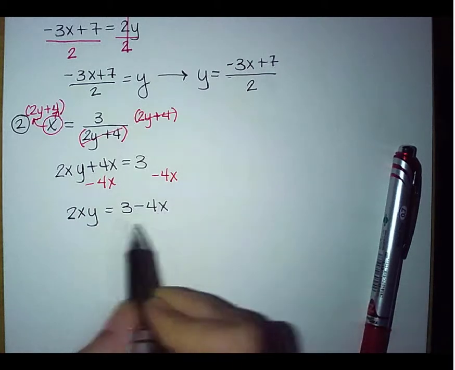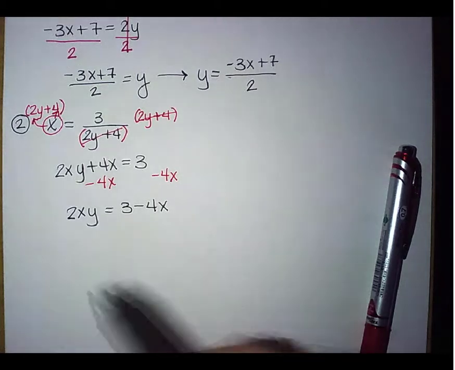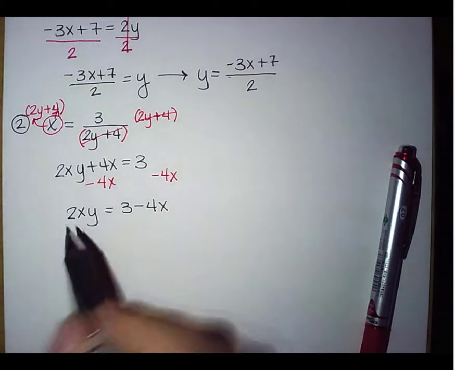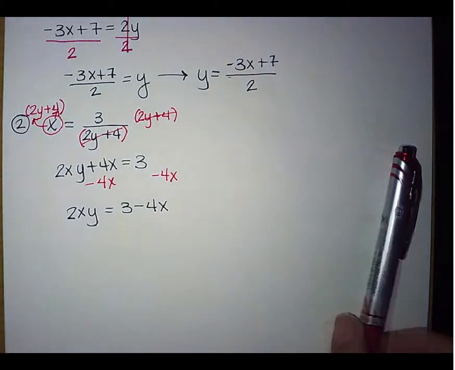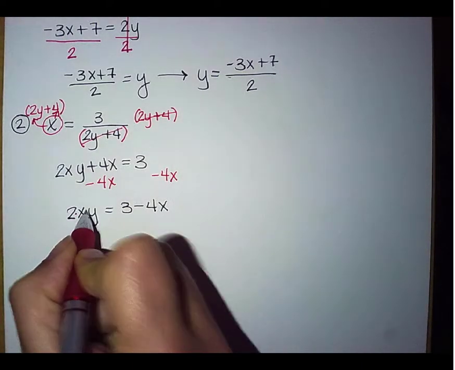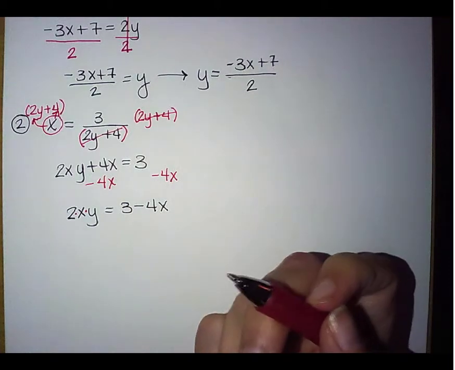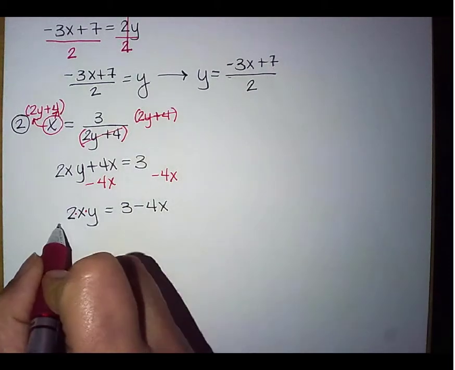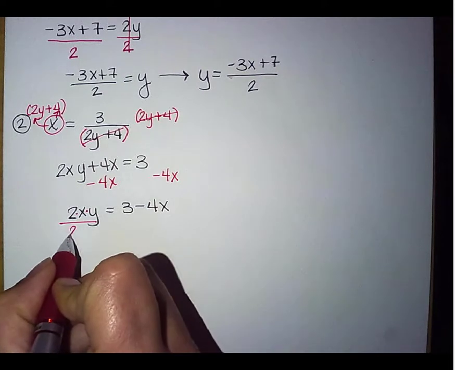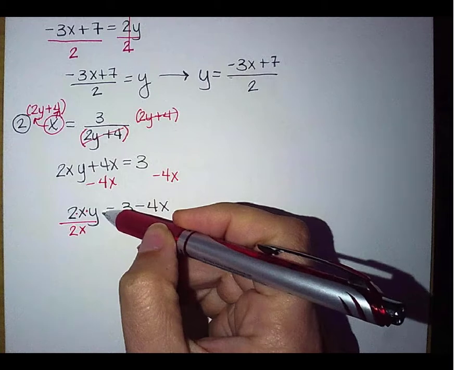And again, if you wrote that backwards and put the -4x first and the 3 second, that's perfectly fine. So now remember, when you have three things together like this, this is 2 times x times y. And remember, the opposite of multiplication is division, so we want to divide by both the 2 and the x, since that's what we want to get away from our y variable here.